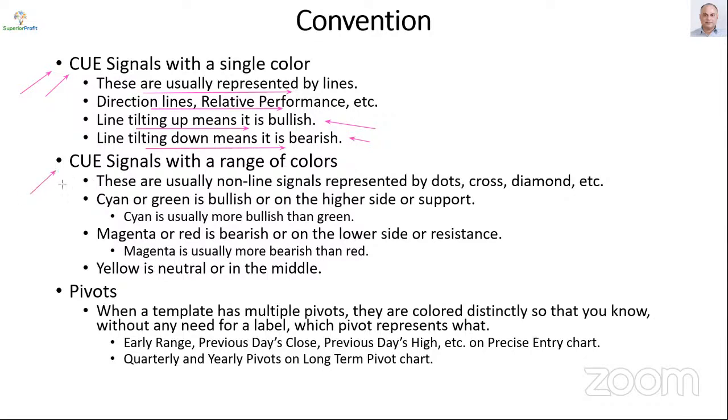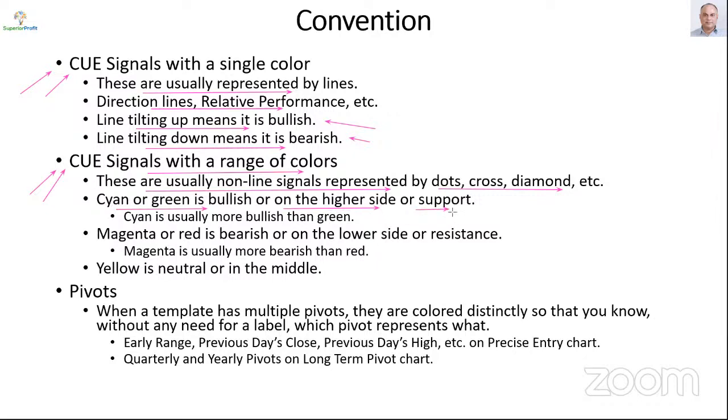And then there is another group of indicators where they change colors from day to day, week to week. They have a range of colors, and if we have any indicator like that, then they are not line indicators. They are represented by dots, cross, diamond, etc. And for all of them, cyan or green is bullish or on the higher side or support.